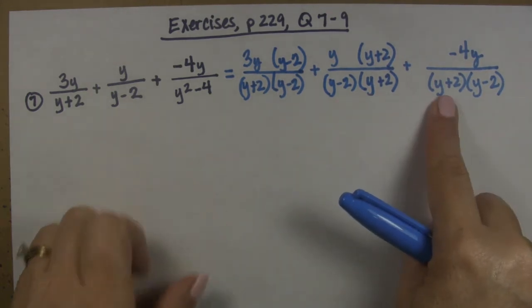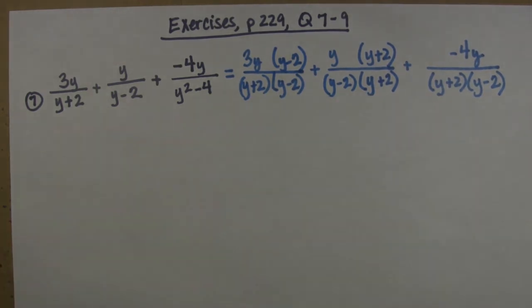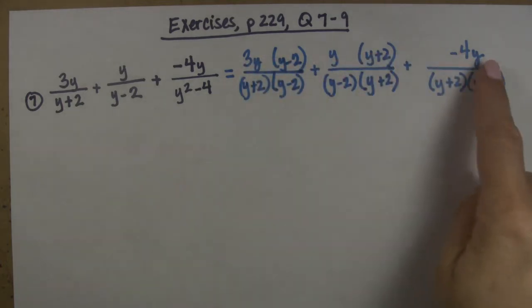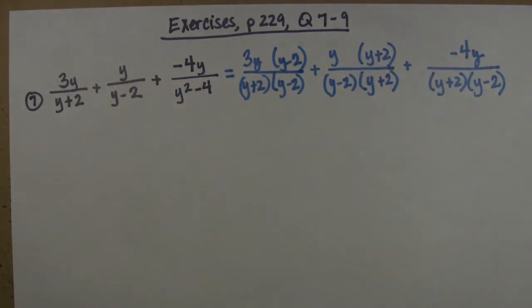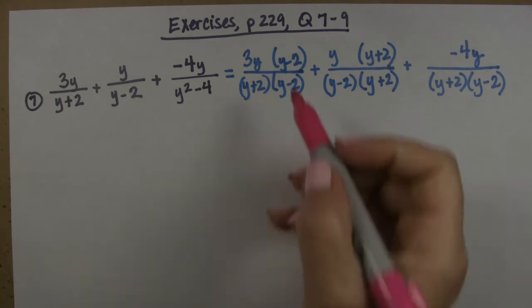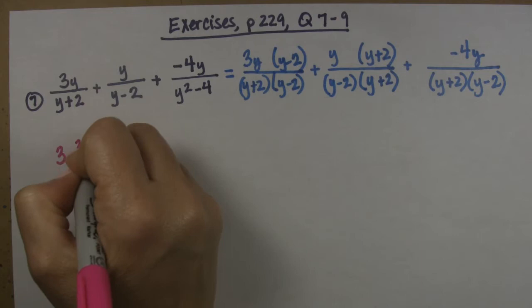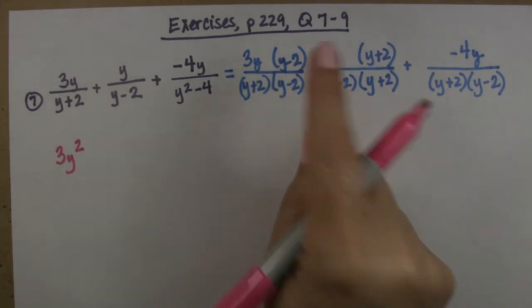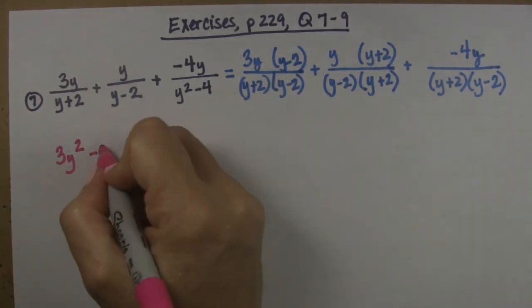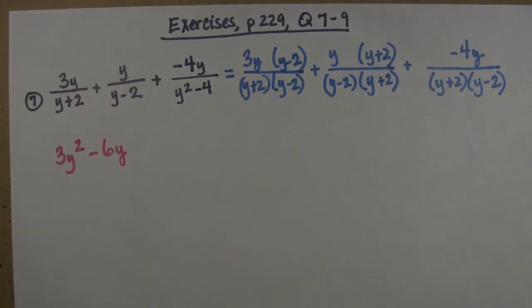Now I have common denominators all the way across. So my next step is going to be to multiply all these out and put them in one numerator so I can see what's what. So 3y times y will give me 3y squared, and 3y times negative 2 will give me a negative 6y.